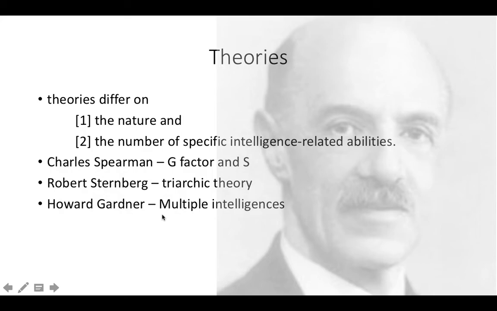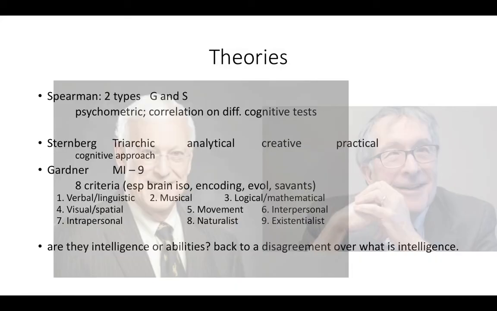That's a picture of Spearman in the background. Sorry, I meant to show these bit by bit, but we're just going to keep going with this. And the background on the left is Sternberg, and on the right is Howard Gardner.